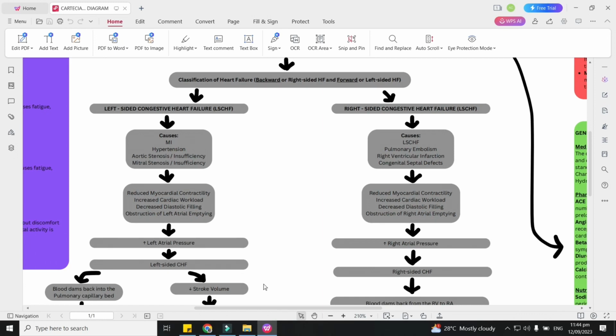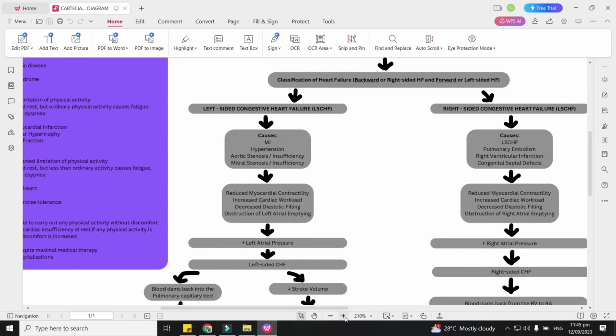We want to talk first on the left-sided because most of the time when there is a right-sided congestive heart failure, it's because the patient has an underlying condition, or they already have a problem in the left side. So let's tackle first this left-sided congestive heart failure, or LSCHF.